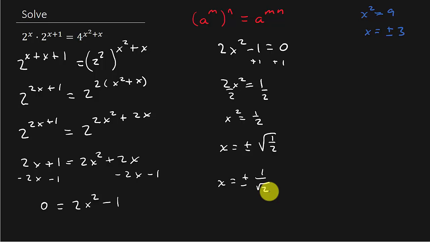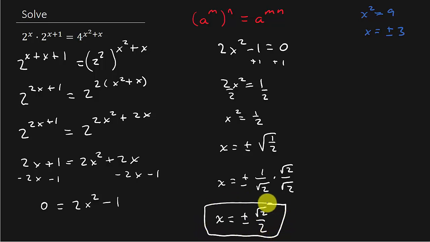But now what I need to do is rationalize the denominator. So I'm going to multiply numerator and denominator by square root of 2 over square root of 2. And so that's going to leave me x is equal to plus or minus square root of 2 over 2. And there's your answer.